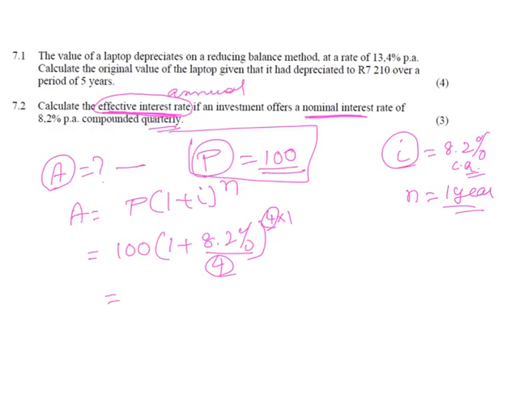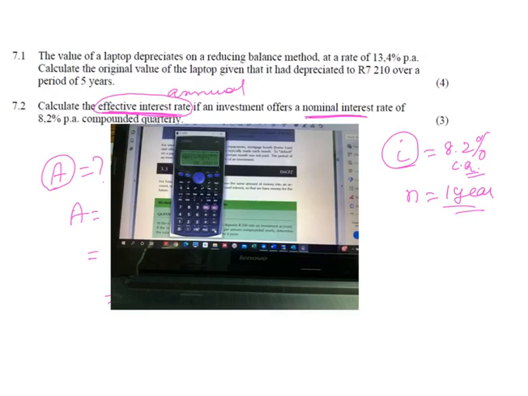So I input this value in my calculator. I am using my calculator here. So what I do here, 100 times 1 plus I. My I is 8,2 percent, and there's a fraction here, so it is 8,2 percentage divided by 4, and I close the brackets to the power of 4 times 1.